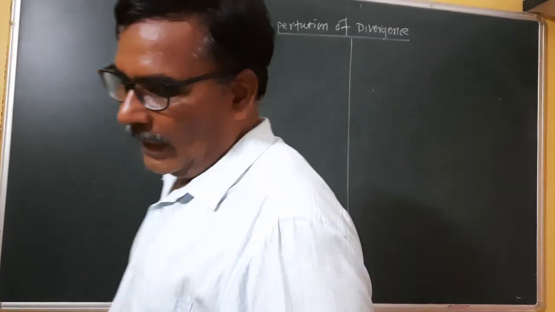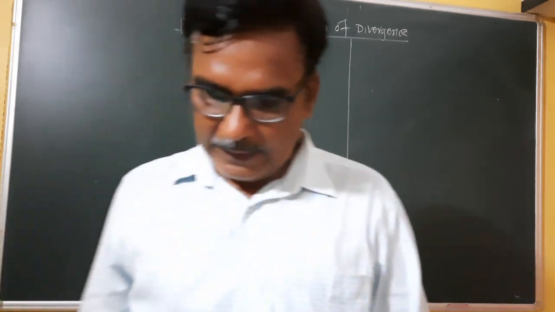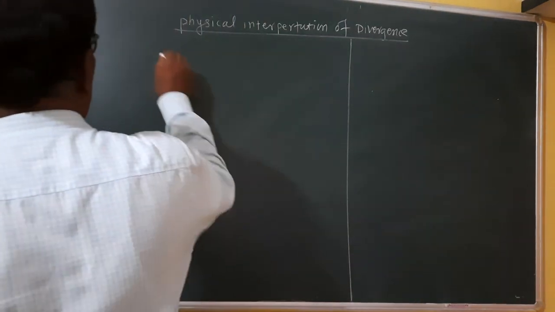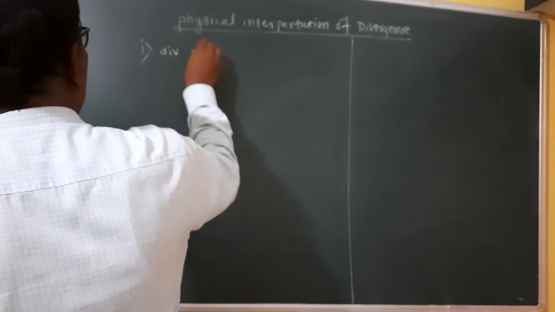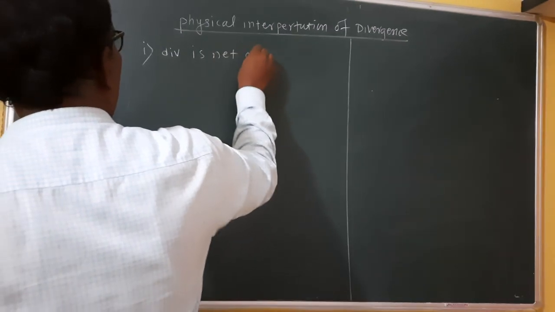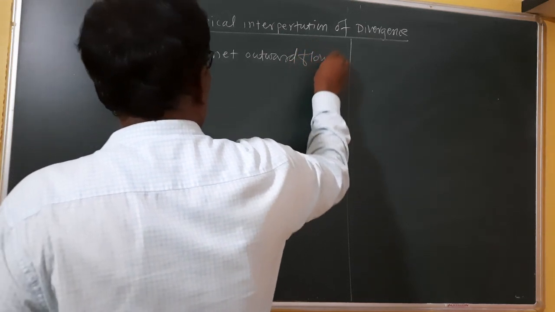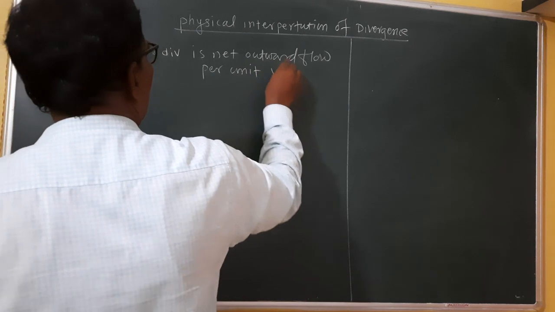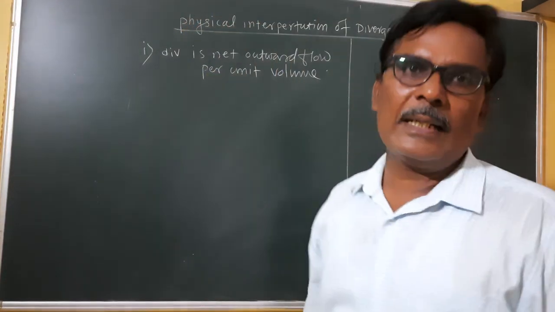Physical interpretation of divergence. First of all, divergence is the net outward flow rate per unit volume. Sometimes a multiple choice question may be asked on that.